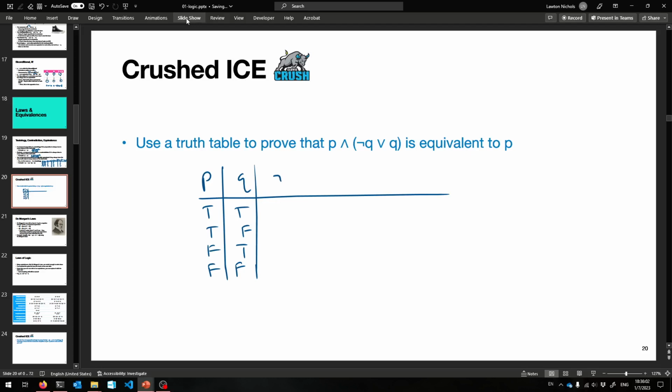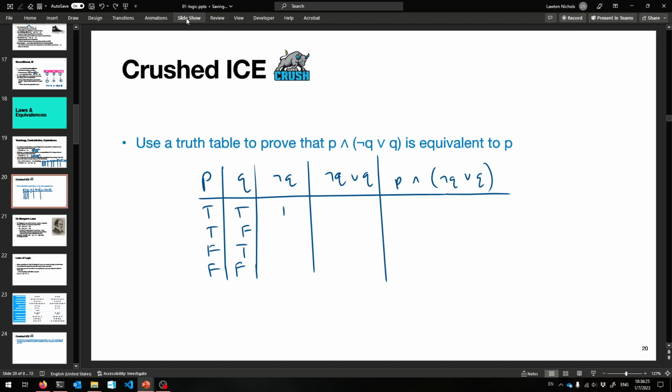Let's see, I'm going to need not Q. I'm going to need not Q ORed with regular Q. And I'm going to need P ANDed with all that. P ANDed with (not Q ORed with Q). Whee. And the more of these you do, the faster you'll get because you'll learn the patterns. All right.